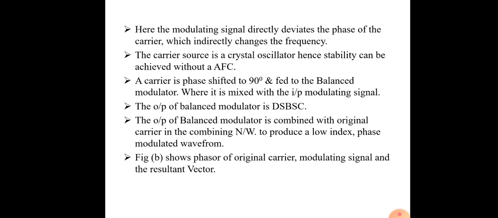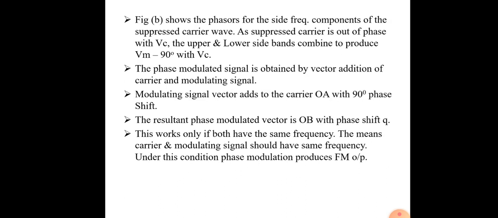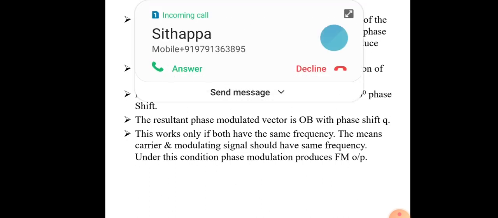Okay, and then the modulating signal and resultant vector are shown in the second diagram. That second diagram shows the phase representation. Here the side frequency components of the suppressed carrier are out of phase with VC, and the upper and lower side bands combine to produce VM with a minus 90-degree phase shift with VC.